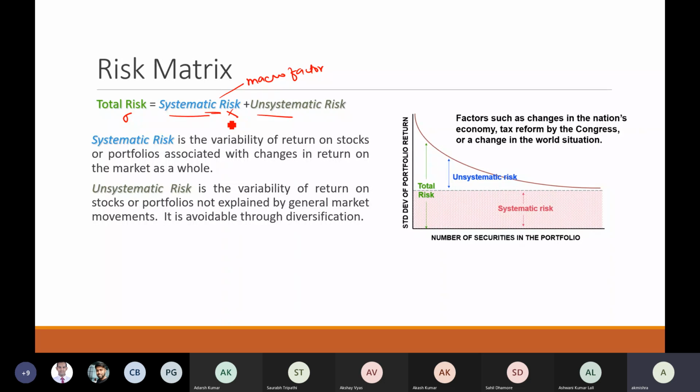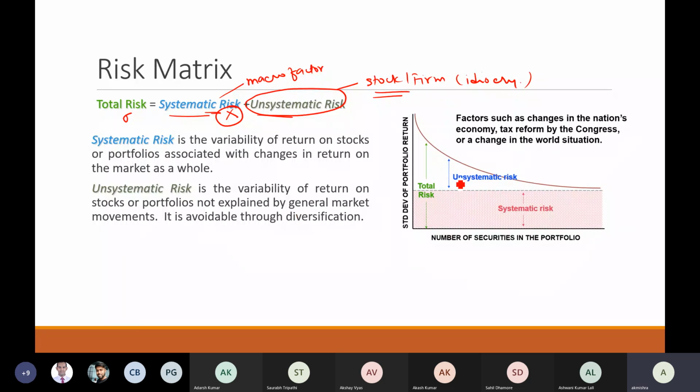So this cannot be minimized. An unsystematic risk is basically specific to your stock, or you can call it firm specific, and sometimes we call it idiosyncratic risk. So this is what we can minimize to a large extent.